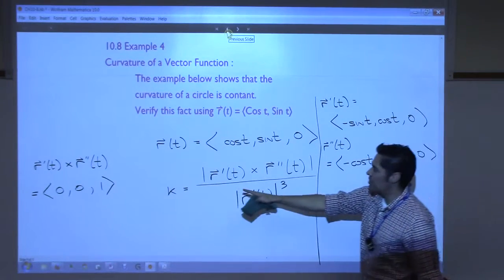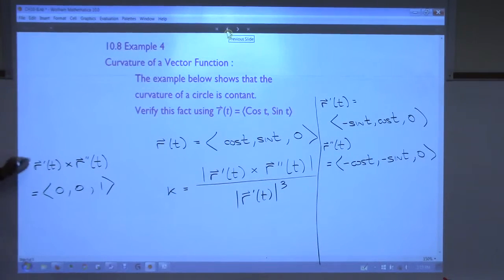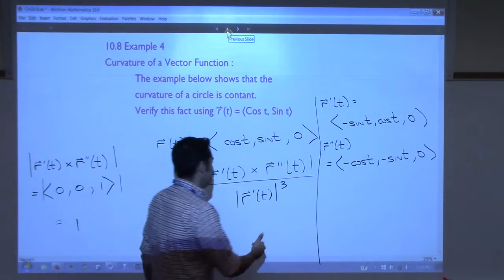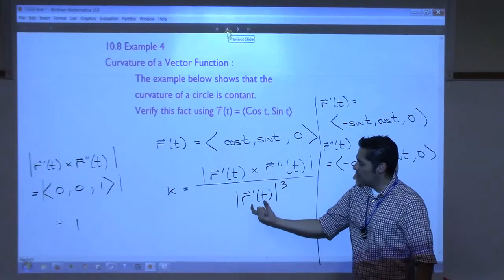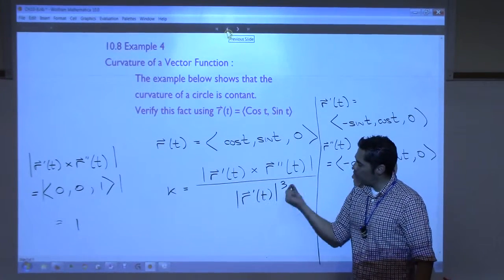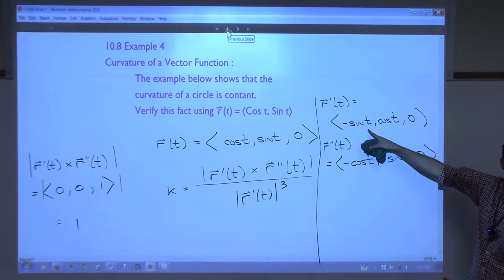What is the magnitude of this? Well, it's the magnitude of that, which is just 1. Square root of all those squared is just 1. And then I need to divide it by the magnitude. So the numerator is 1. The denominator is this cubed. So we have to take the magnitude of this.